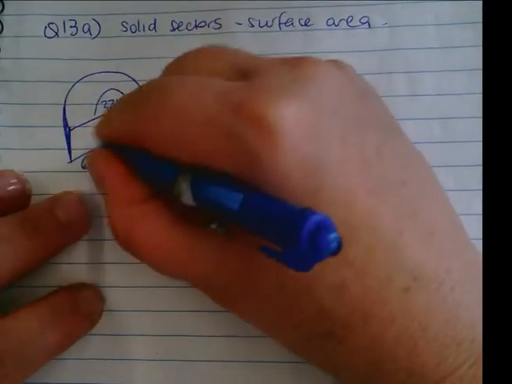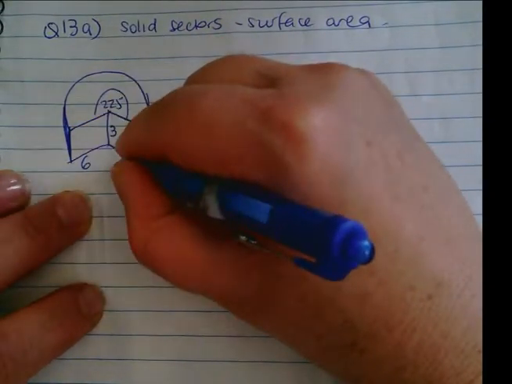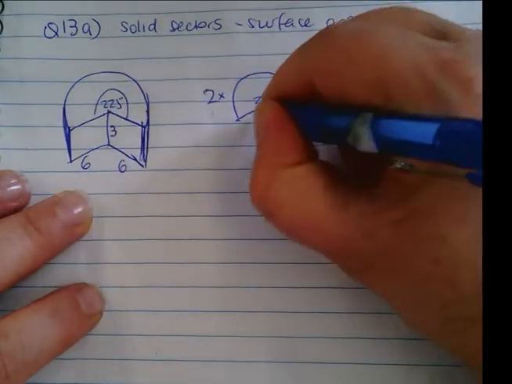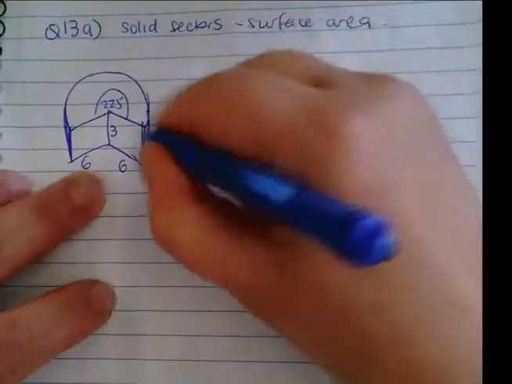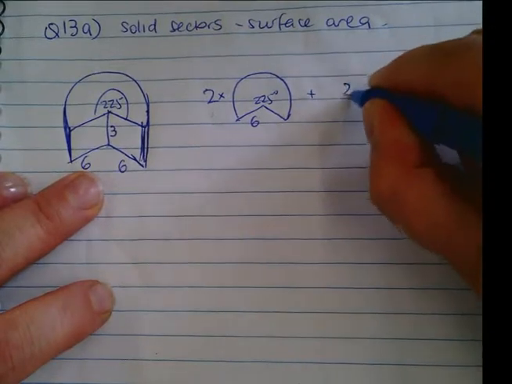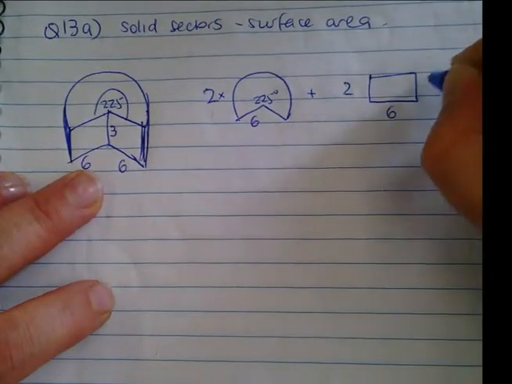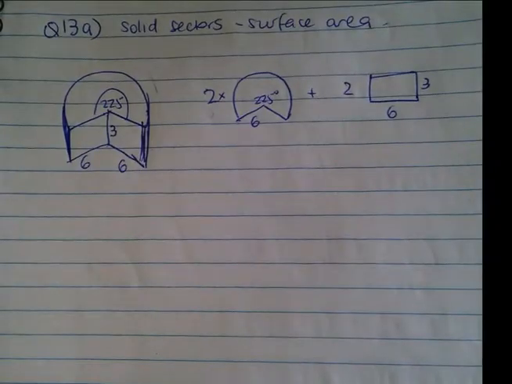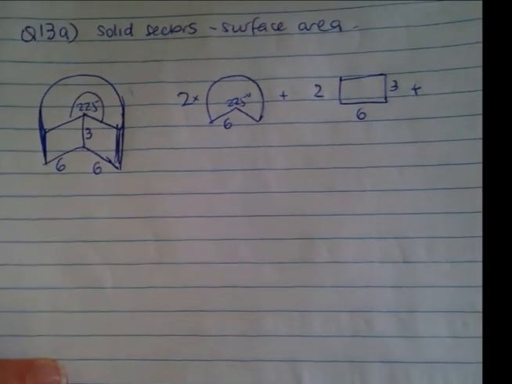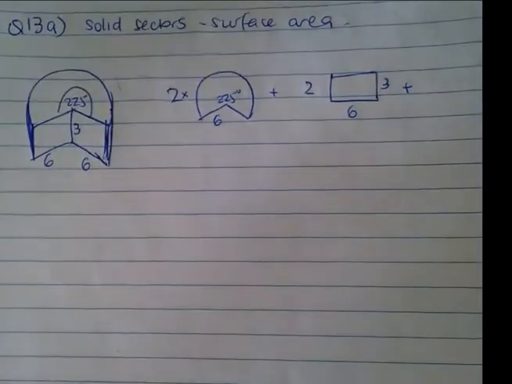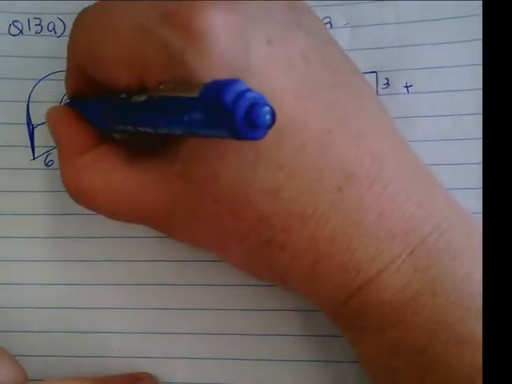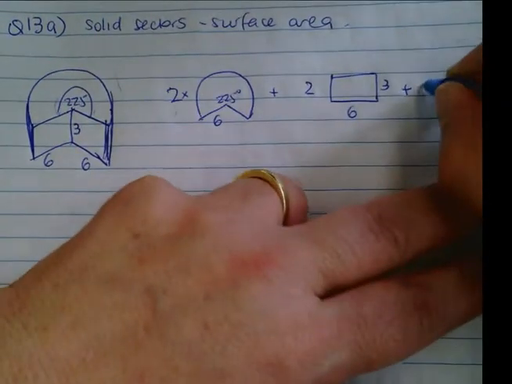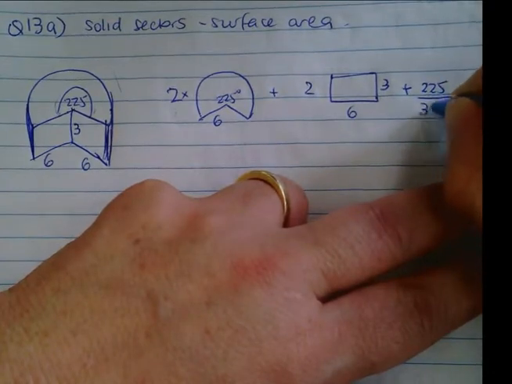I have this rectangle here, which is 6 times 3, and this will also be the same. Now this sector has a radius of 6. So then I have 2 of my rectangles that are 6 times 3, and then I have that curved surface around the back. What we've been doing before is saying we've got a quarter or a half of the curved surface. This time, it's not simply a quarter or a half, but you've got 225 degrees out of 360.